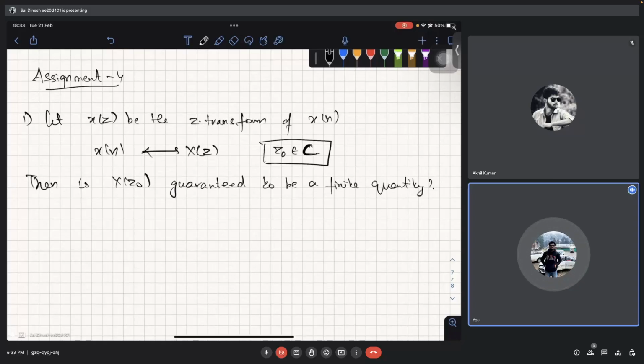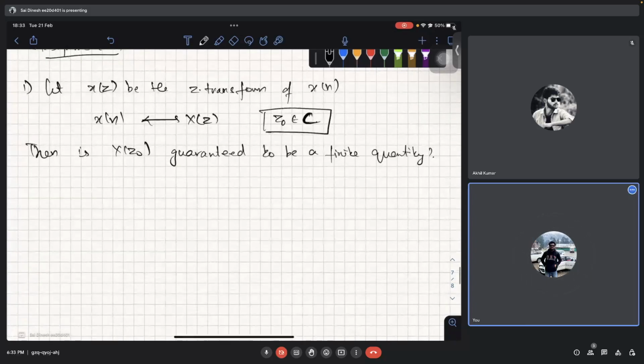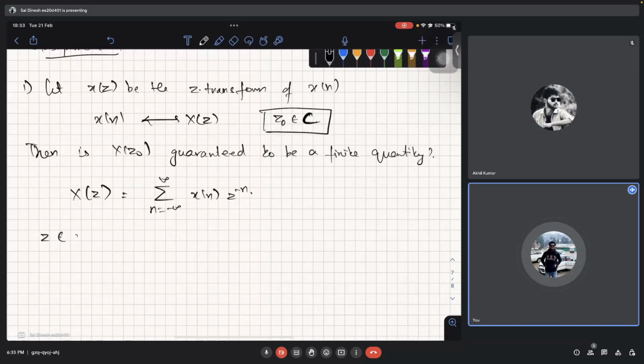Is that so? So let's see. So what do we have here? X of z is equal to the sum from minus infinity to infinity of x of n into z power minus n, where z belongs to c.